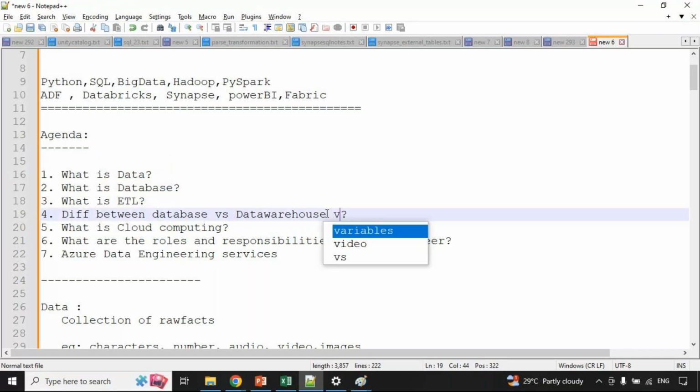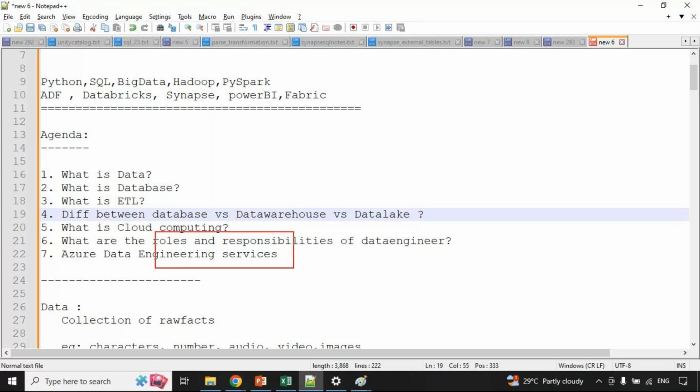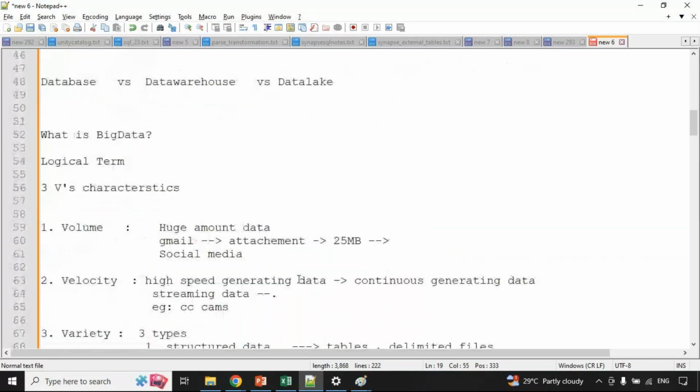As the data increases, we maintain a data lake. In cloud computing, instead of maintaining your own environment, you utilize the cloud services and pay for them. The main roles and responsibilities of the data engineer are to ingest the data, organize the data, and provide the data to the reporting team. These are all the things we are going to do in the Azure data engineering services, guys.